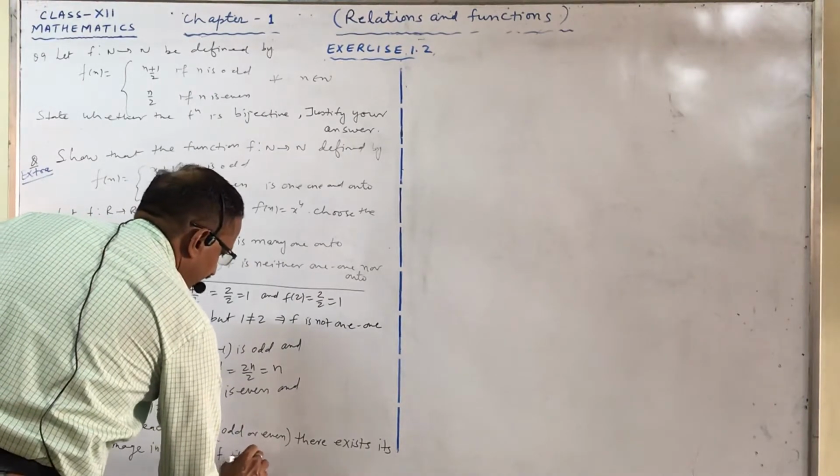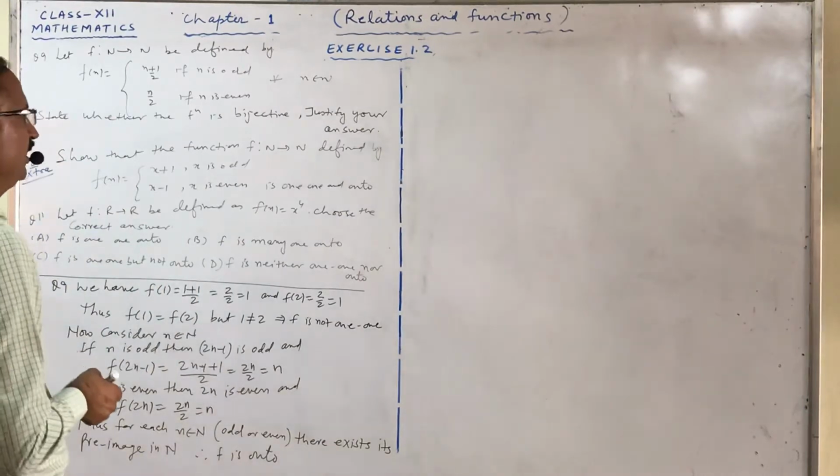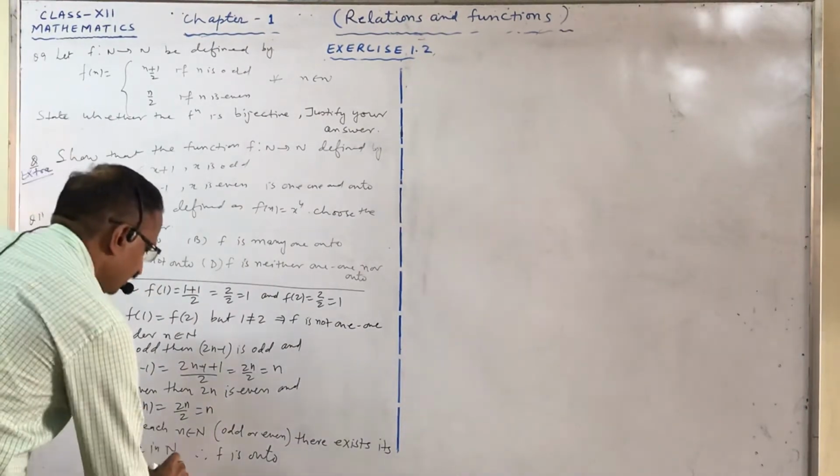Therefore, f is onto. But since it is not 1-1, so it is not a bijective function.